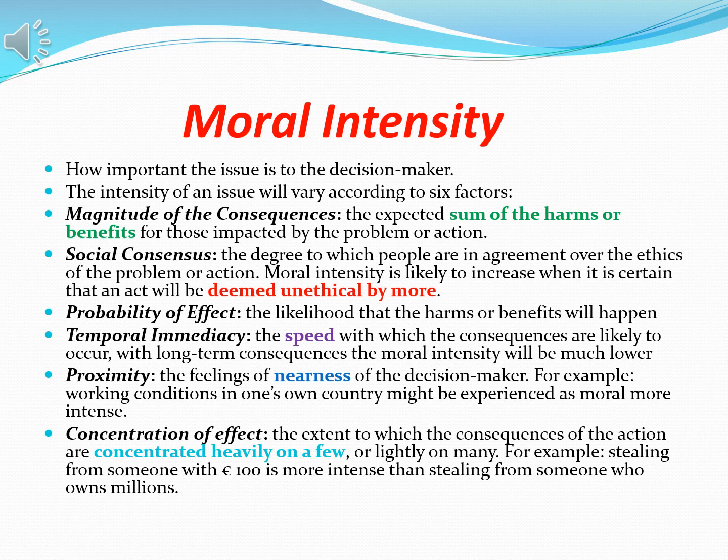Then temporal immediacy is the speed with which the consequences are likely to occur. With long-term consequences, the moral intensity will be much lower. If your decision has a right-away effect, you will act right away. If the effects come over a longer time, then maybe the intensity is not so much.